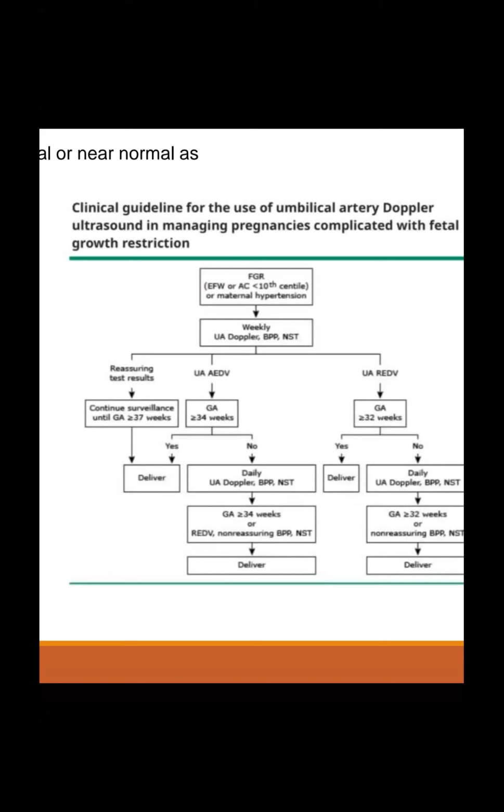They ask about reverse, so remember only one point. You can take a note: if below 32 weeks, we do the non-stress test. If equal to or more than 32 weeks, we deliver right now.